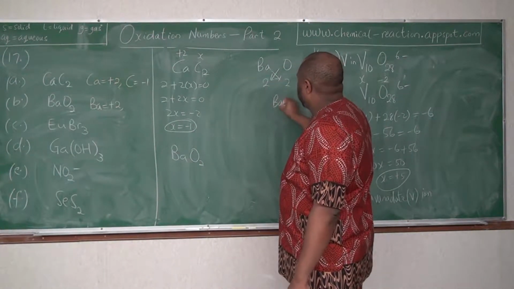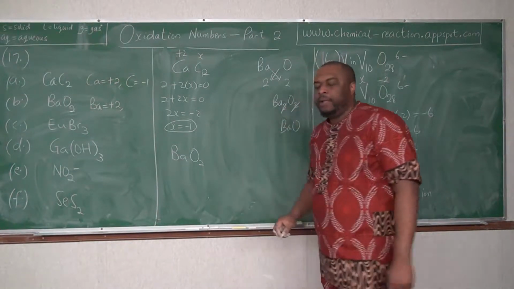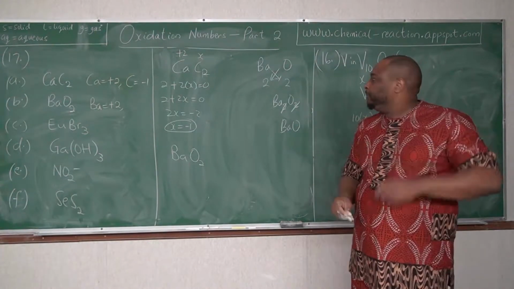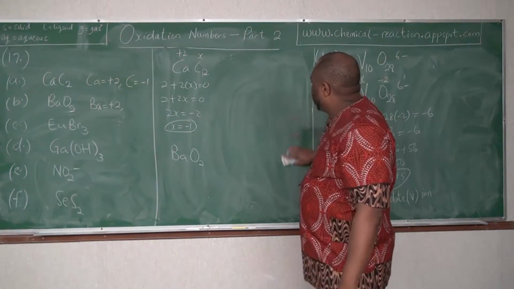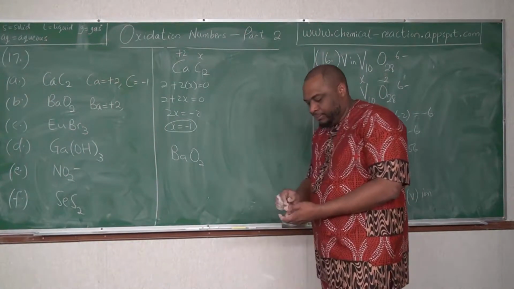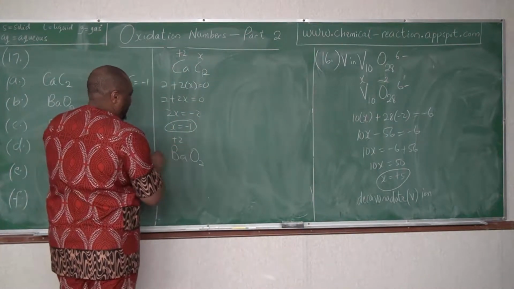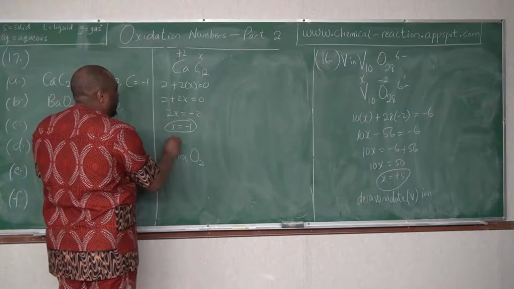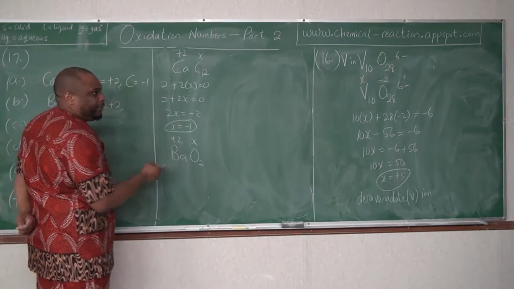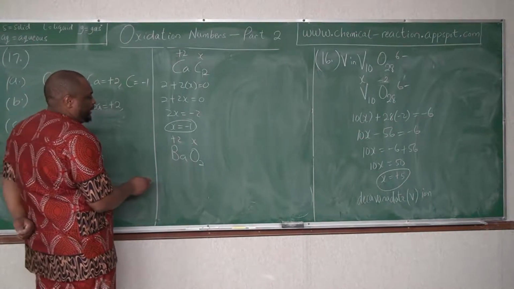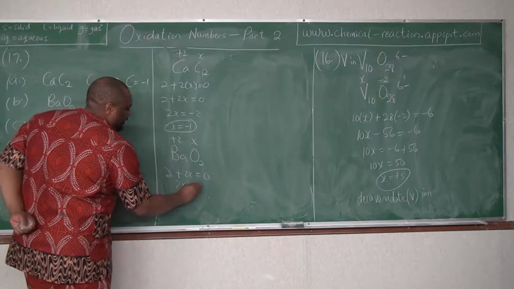I have Ba2O2, the 2 crosses out, so I have BaO. That's barium oxide. But this is barium peroxide. You have 2 oxygen atoms joined by a single bond. So you have plus 2 for barium, and call the oxygen X, so 2 plus 2X.